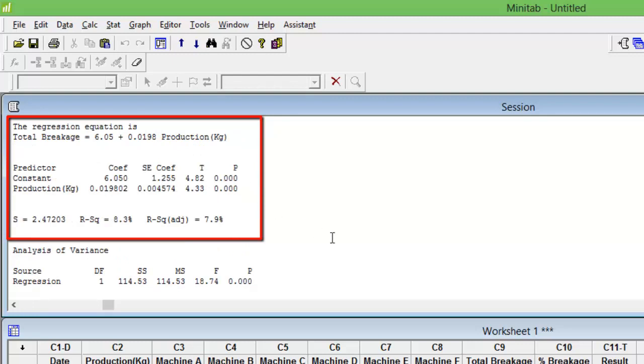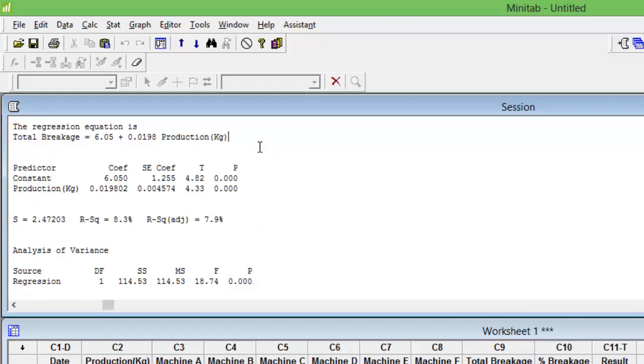It is giving me a p-value of 0.000, which means X significantly impacts my Y. However, the R-square value is very small, 8.3 only. So the percentage contribution of X on Y is only 8.3%. Additionally, it also is giving you a regression equation. Total breakage equals 6.05 plus 0.0198 times of production in kg.